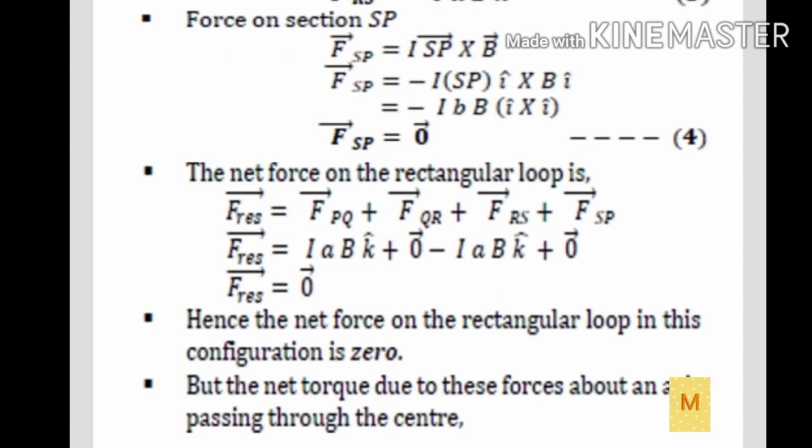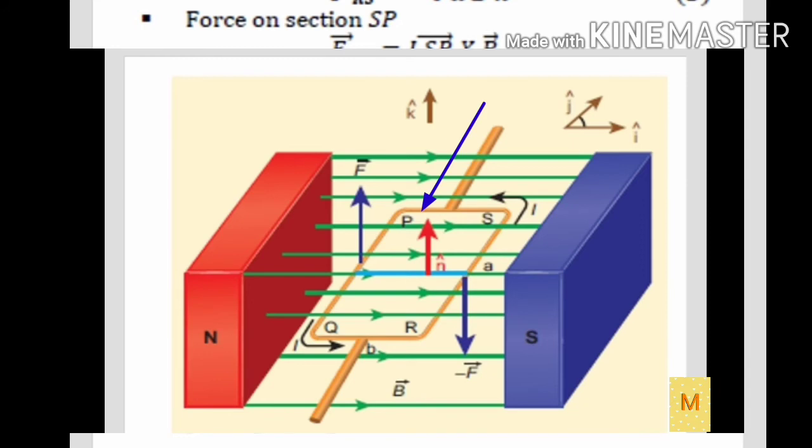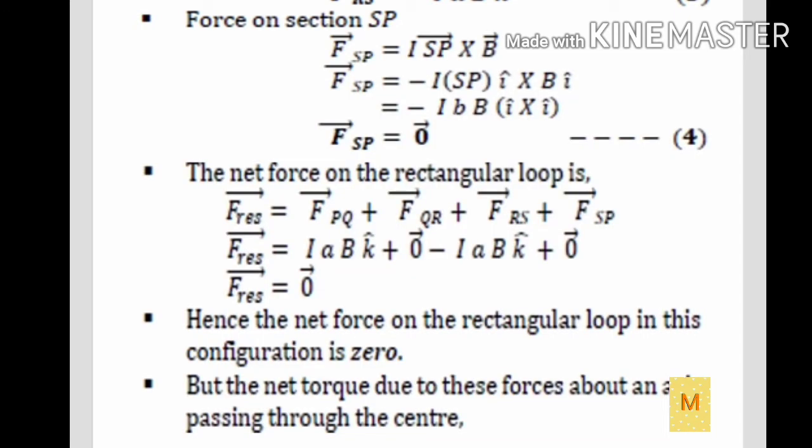Next, the force experienced by the section SP can be written as FSP vector is equal to I SP vector cross B vector. Here SP vector and B vector are replaced by their unit vectors minus i cap and i cap because SP vector is lying along the negative x direction, so it is replaced by the unit vector minus i cap, and the magnetic field is acting along positive x direction.